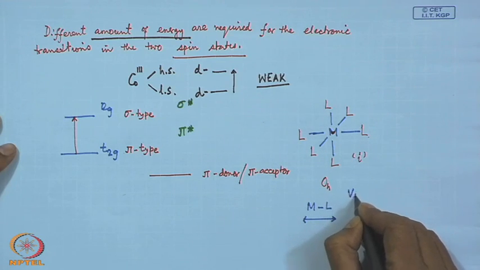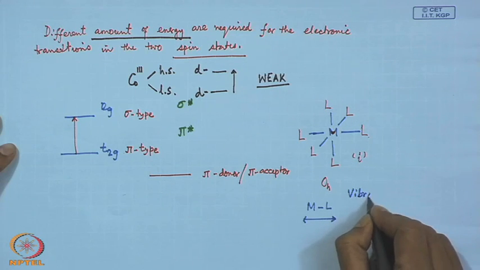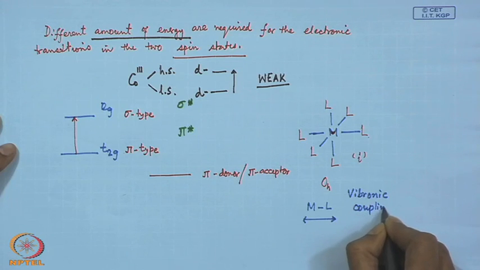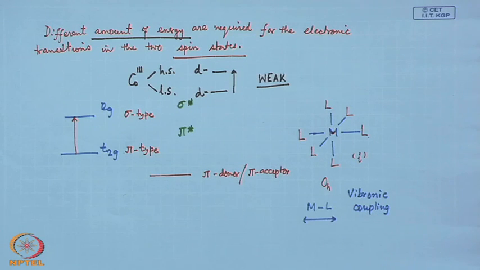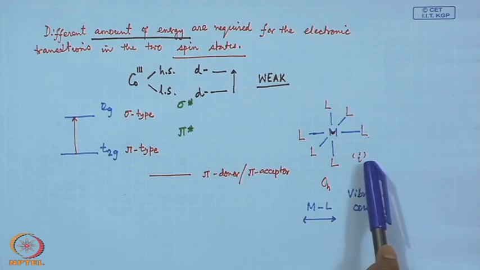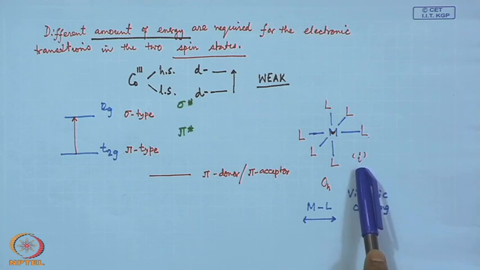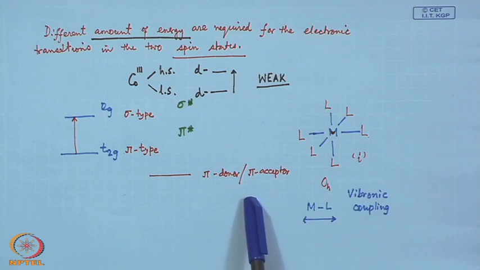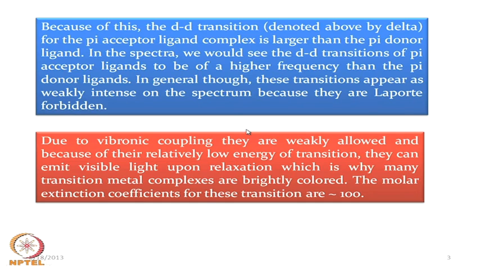Due to this vibration we have a mechanism known as vibronic coupling, which destroys the symmetry, and once the symmetry is lost, we get some relaxation for the corresponding g to g or u to e transition, which is otherwise Laporte forbidden.